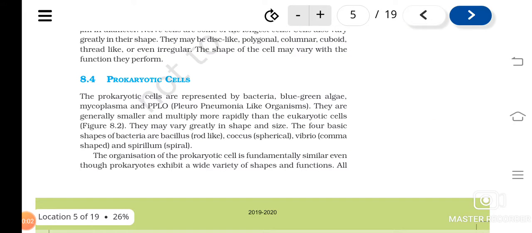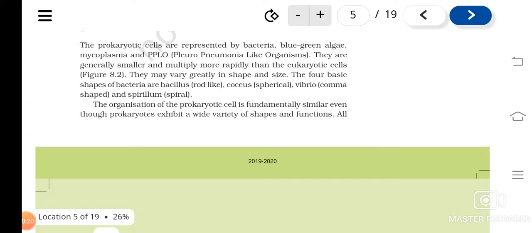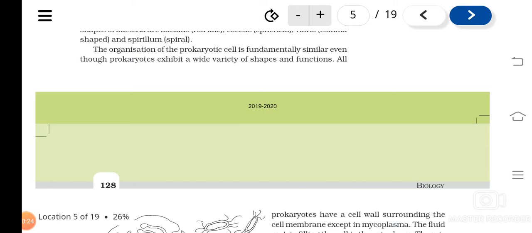So, dear children, we were studying about the prokaryotic cells, isn't it? We have seen that prokaryotic cell examples are bacteria, blue-green algae, mycoplasma, PPLO, etc. I told you they are smaller than the eukaryotic cells, and the cell consists of a plasma membrane. Then comes the cytoplasm.